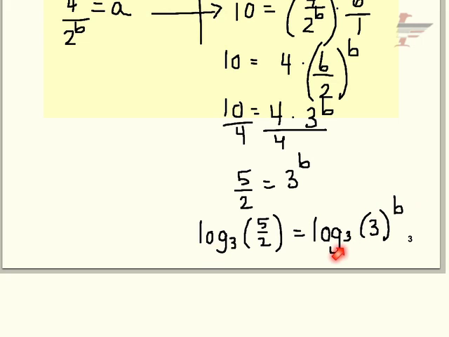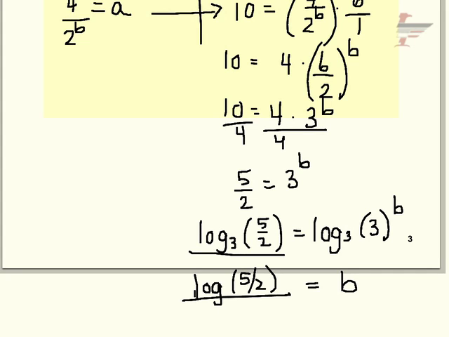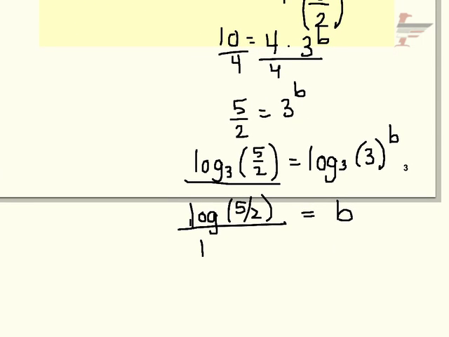So I have to log base 3 both sides, and that's just going to cancel out to b. And I'm going to do the change of base over here. So I'm going to do log of 5/2 divided by log of 3. And when you dump that on your calculator, you get b equals 0.834.